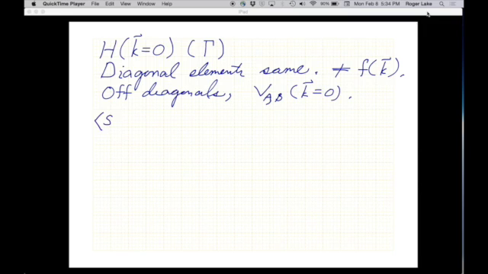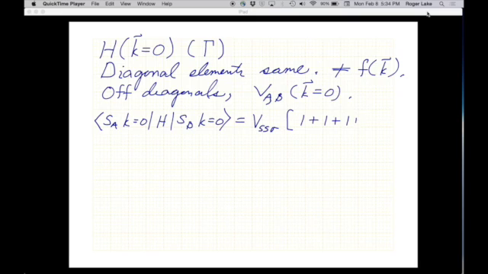So we have <S_A, k=0| H |S_B, k=0>. And that is just equal to V_ss sigma. And as you know, when k equals 0, all these phase factors are just plus or minus 1, but this didn't have any change in sign, so all your phase factors just become 1.